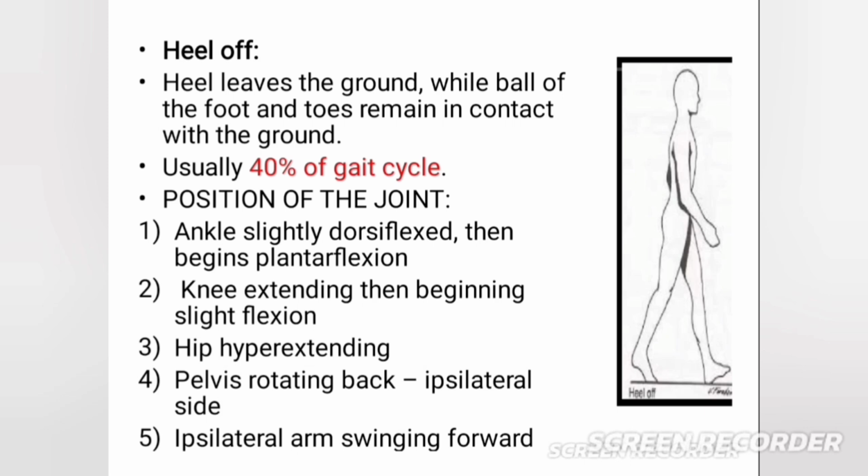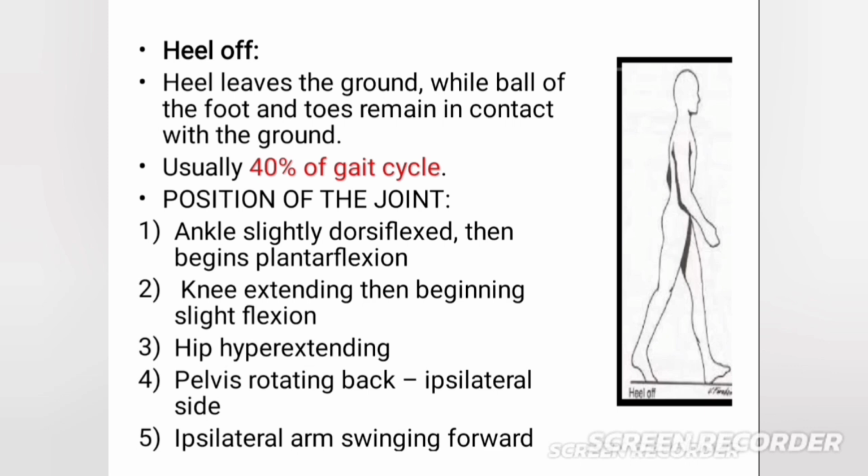Then heel off. Heel off means the heel leaves the ground, while the ball of the foot and the toes remain in contact with the ground, only the heel leaves the ground. So that is the heel off phase. It is up to 40% of the gait cycle.